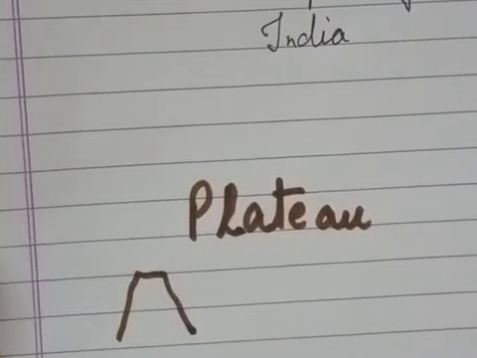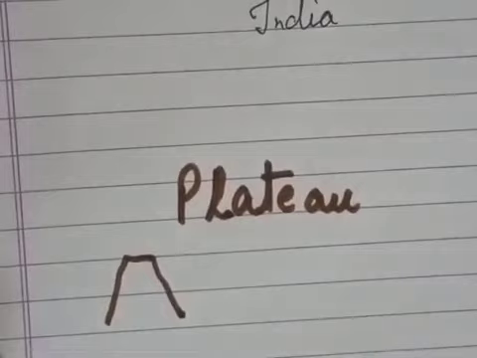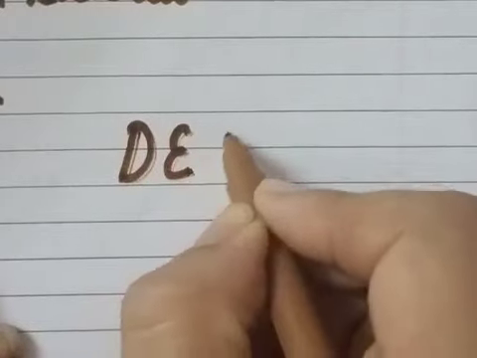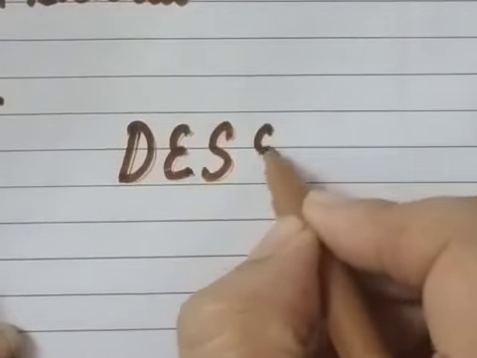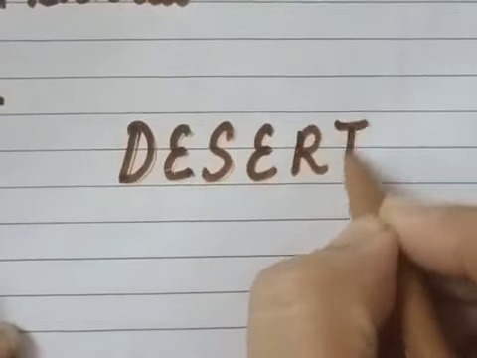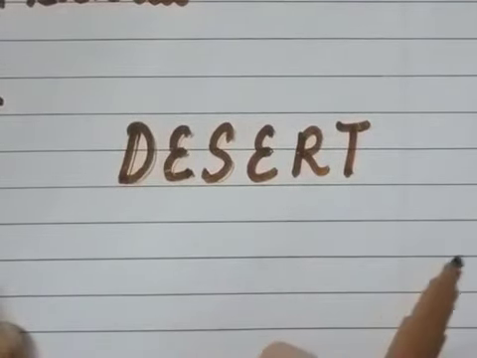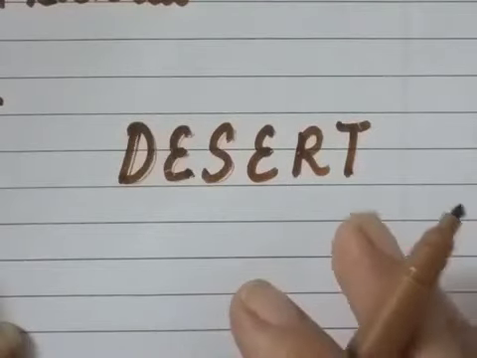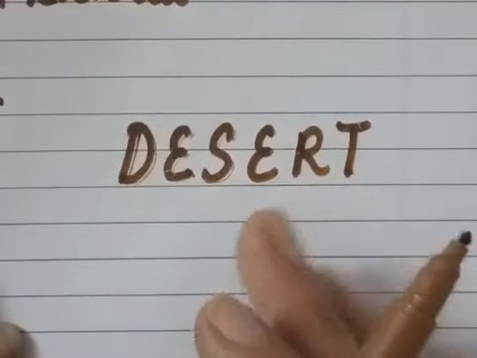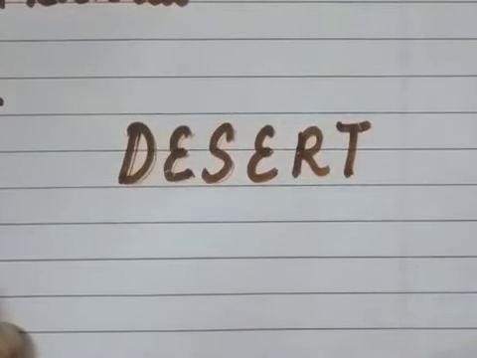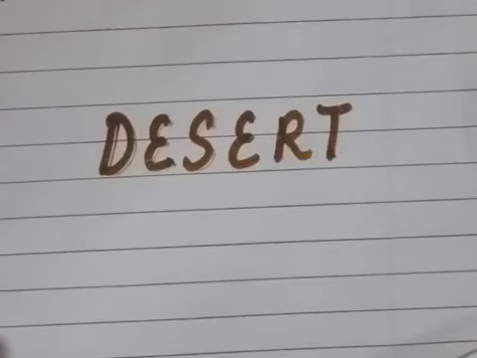Next we will study about desert. Desert: a part of land on the earth where water and rainfall is very less and makes the soil very dry.